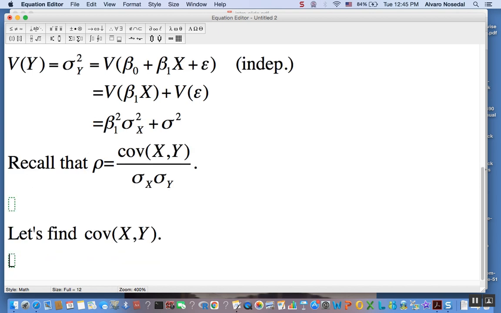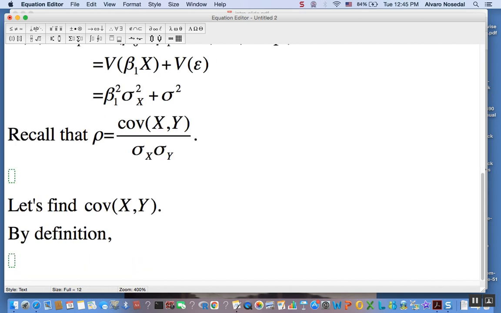Okay, so again, from Statistics 256, you must remember that the covariance is by definition just a particular expected value. It's the expected value of a cross product, if you will, a very special cross product.